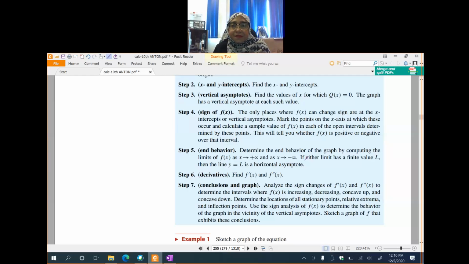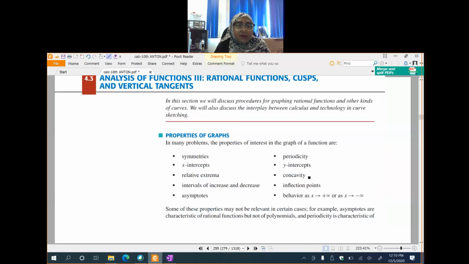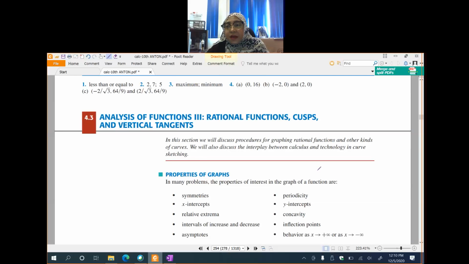Okay, so let's continue. The purpose of finding this maximum or minimum and then inflection points, as well as the behavior of f, is because we want to draw the graph of f without having to plot the graph at each of the points.